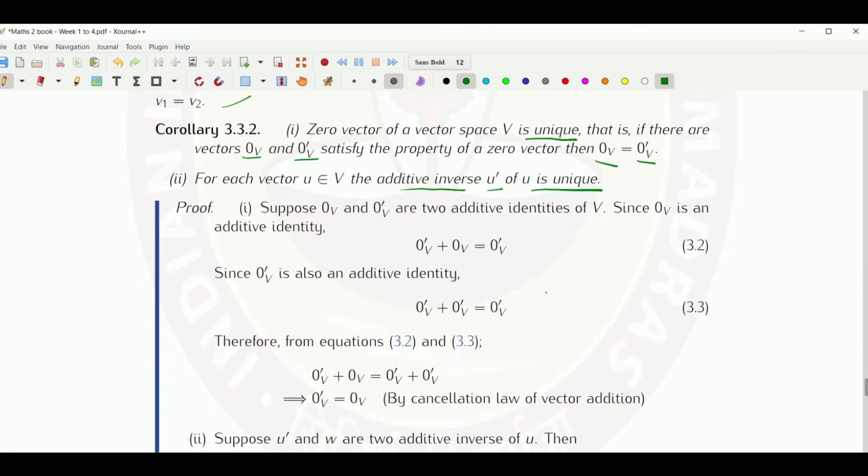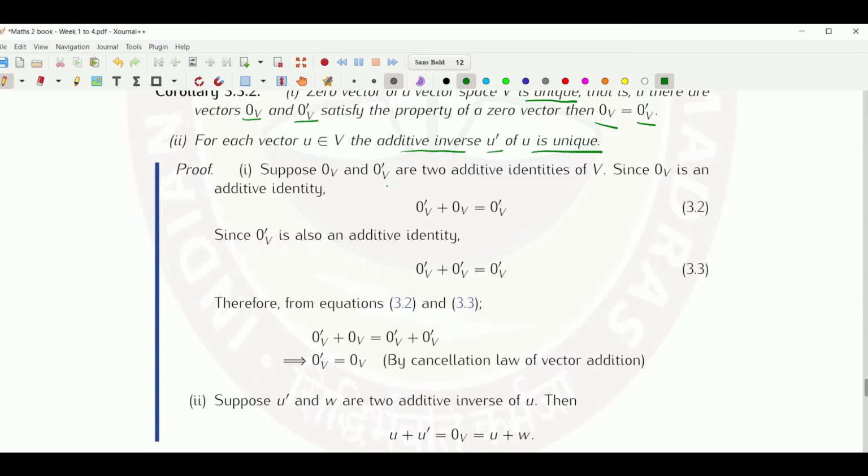Let's prove it. Suppose the zero vector and 0 prime are two additive identities of V. Since the zero vector is an additive identity, 0 prime plus 0 is equal to 0 prime. Since 0 prime is also an additive identity, 0 prime plus 0 prime is equal to 0 prime.